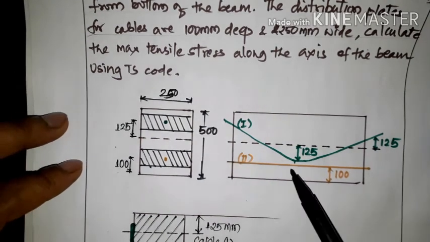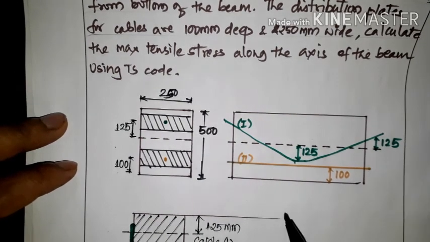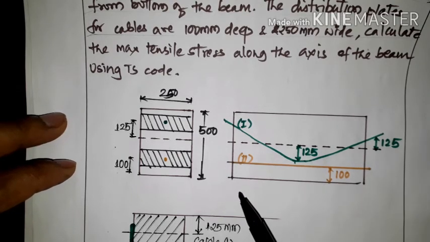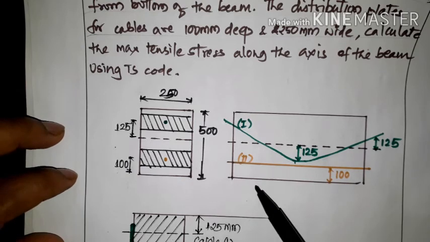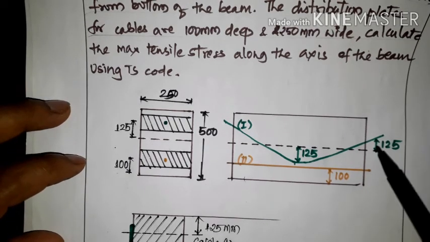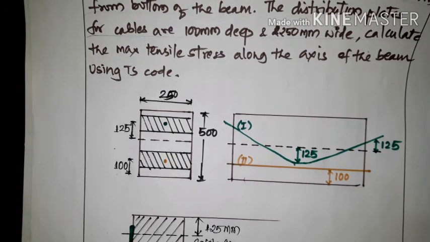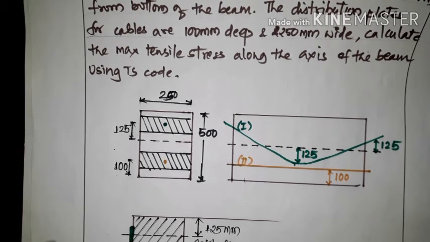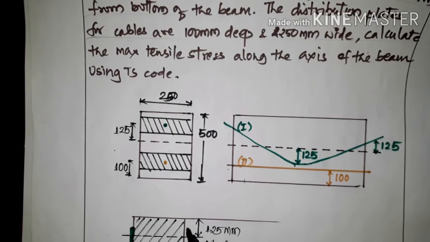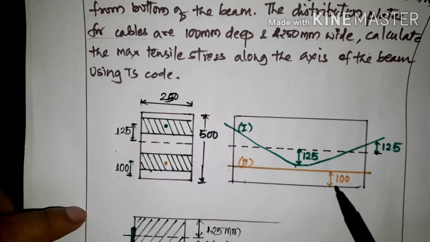The first cable is parabolic with a distance 125 mm below from the center line at mid span or at center, and 125 mm above at end. Okay, so that is first cable. The second cable is straight, okay, with eccentricity 100 mm from the bottom.